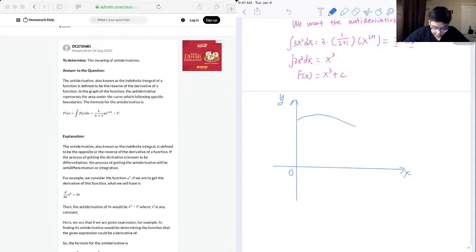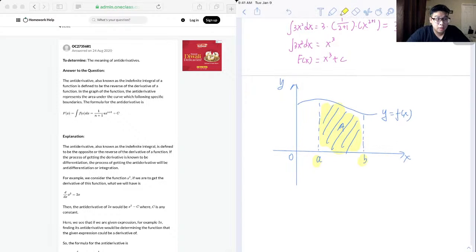We got a function y equals f(x), and a and b are our two boundaries, and that's our area A. So the antiderivative will be this part, the yellow part, with specific boundaries, which in this case would be a and b. All right, so I think that's all we got for this question.